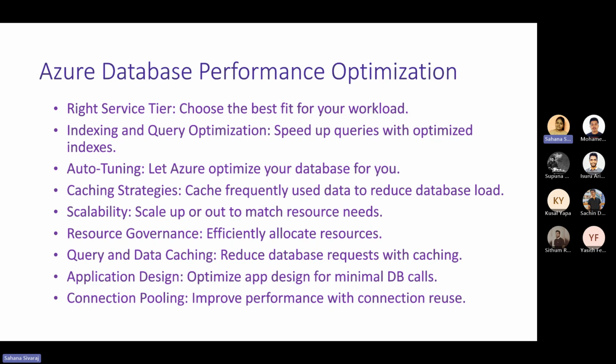Caching strategies: caching the data which is frequently accessed will reduce the database load. In scalability, if we scale the database up or down based on the workloads used in the database querying, this feature will help to optimize the performance.